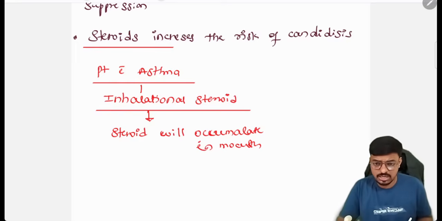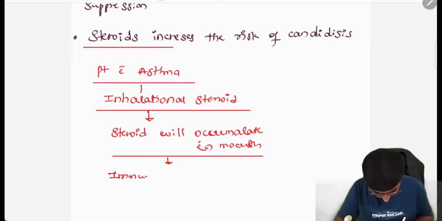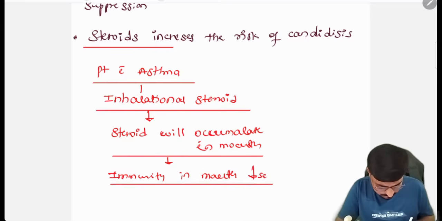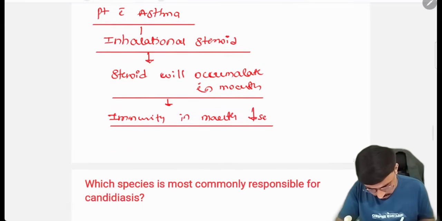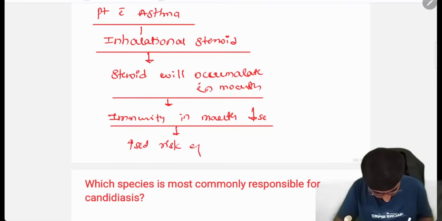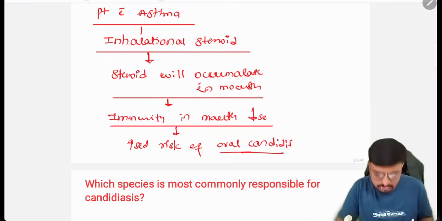When the steroid starts accumulating in the mouth, the immunity in the mouth decreases. Decreased immunity in the mouth means there is an increased risk of oral thrush, which means increased risk of oral candidiasis. Sir, then what is the solution for this one, sir?